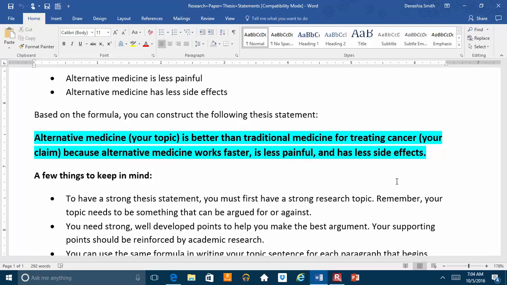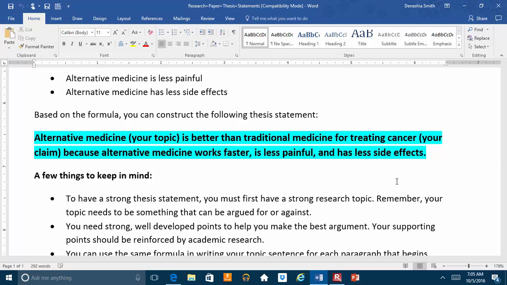I want you to use this formula for your topic. You should be able to start your sentence with your topic, whatever it is. Then you should make your claim, and depending on how your sentence is structured, the verb may be is, is not, or are.